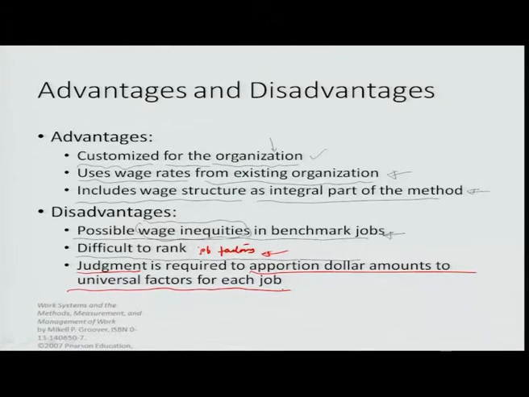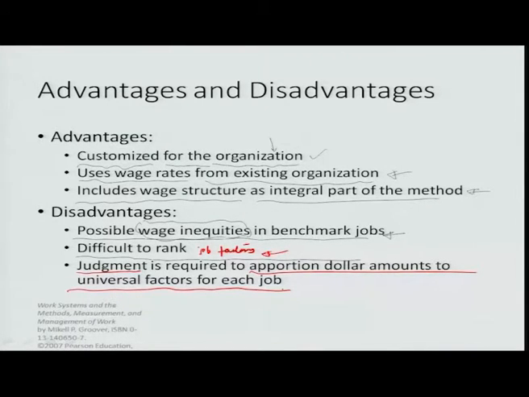As difficult as it is to rank the job factor, a similar level of difficulty applies to apportioning a dollar amount to a certain job factor. Because of all these disadvantages, it may sometimes be erroneous on the part of management to use this step factor method or factor comparison method for rating the various jobs and creating a salary structure.